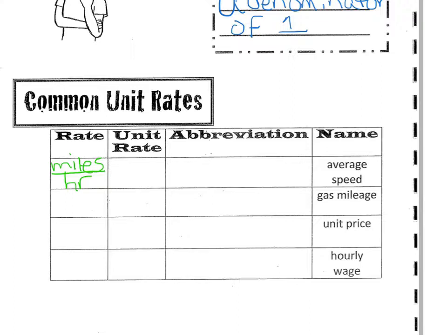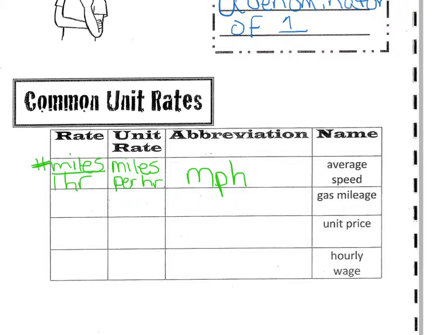So our rate is the number of miles to 1 hour. Our unit rate is called miles per hour. These are common unit rates. Our abbreviation is MPH, or miles per hour, and that is called our average speed.